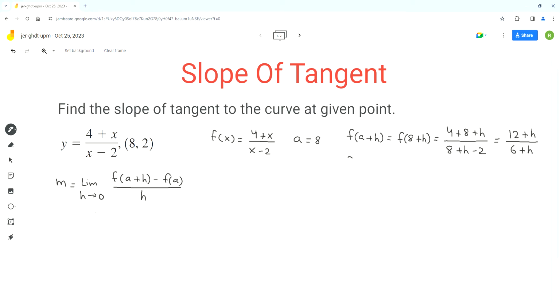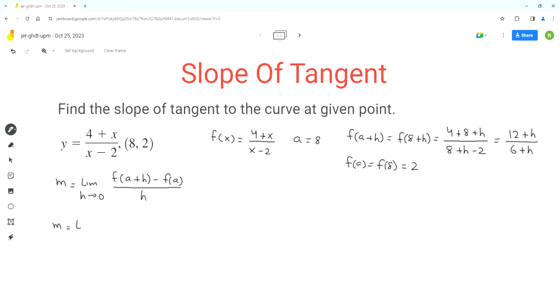And now f(a) can be written as f(8). In the given point, the x coordinate is 8 and the y coordinate is 2. That means the function value at x equals 8 is equal to 2. So these are the values we'll sub in this formula.